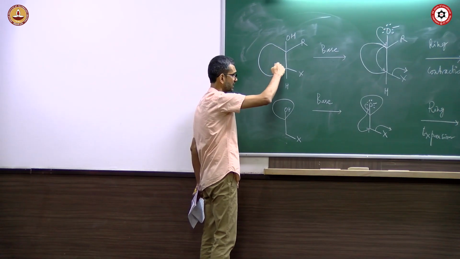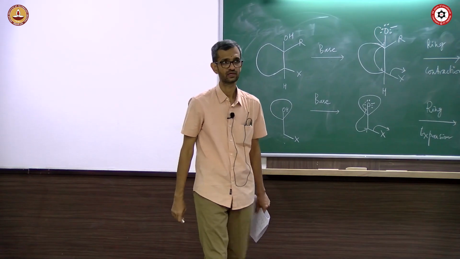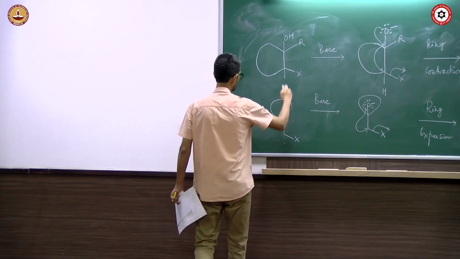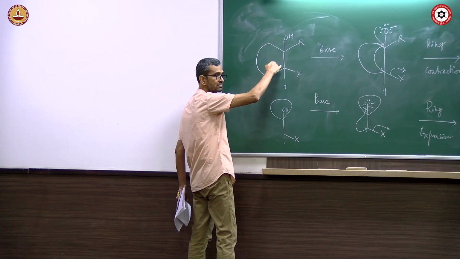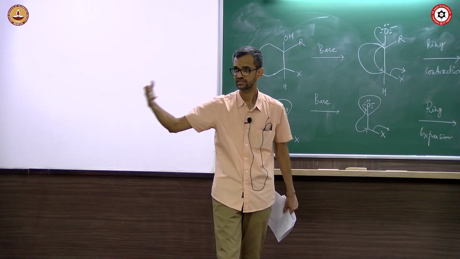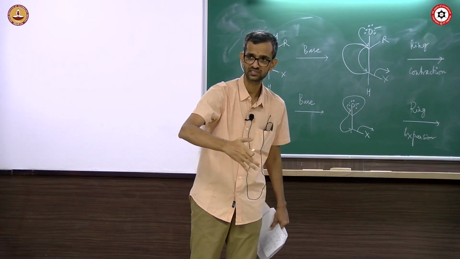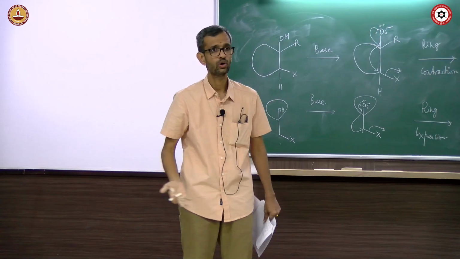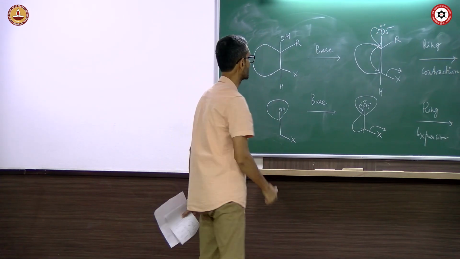Once this CC bond migrates, the leaving group has to leave, right? So the migrating group should come from behind the leaving group, right? Attack should happen from the back side, and a collinear arrangement is necessary for that to happen. Only then the leaving group will be lost. So it is of SN2 type.